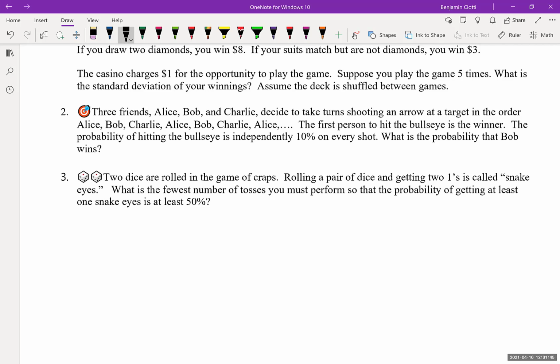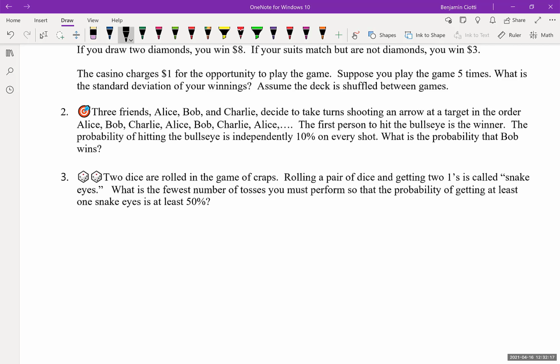So anyone have a good idea of what event or events we could label as our random variable? That's part of the challenge. Like, so what should your random variable be? Getting snake eyes once. Okay.